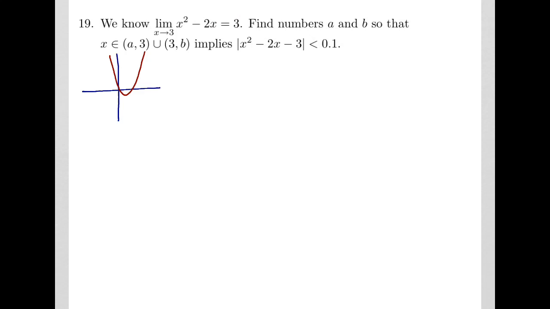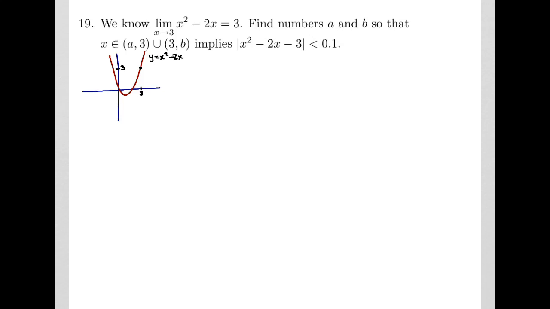So if I were to graph my function f of x, y equals x squared minus 2x, then what this is saying is if I let x get close to 3, so here's 3, my y value should be getting close to 3 as well.